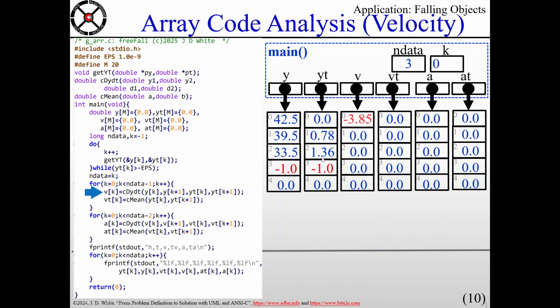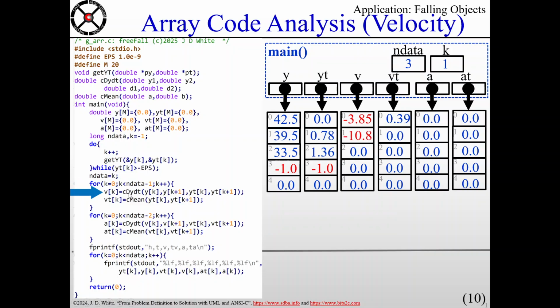V of 0, I take the derivative using these 4 numbers. I then get the mean time, 0.39. I increment K. K equals 1. K is still less than 2, so I'm going to enter the loop.